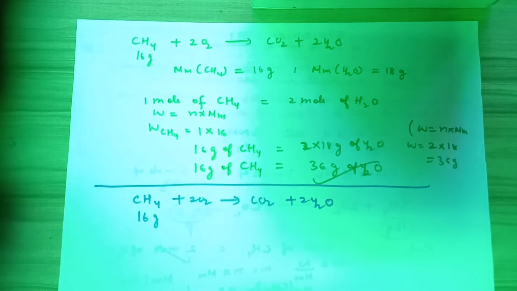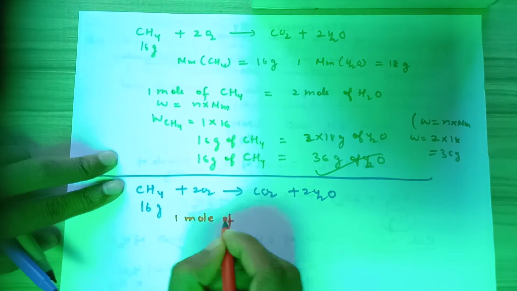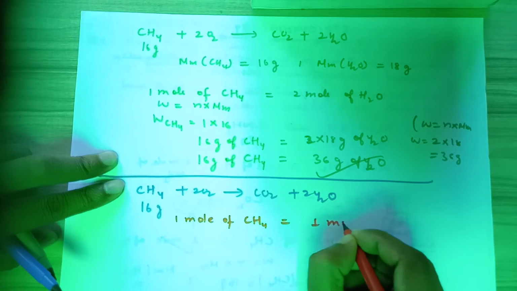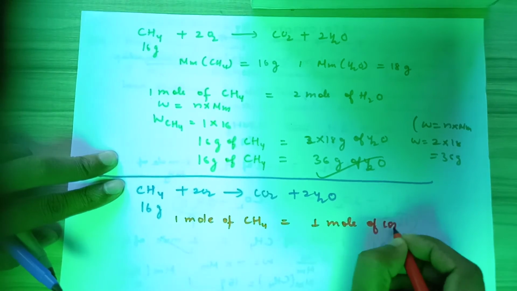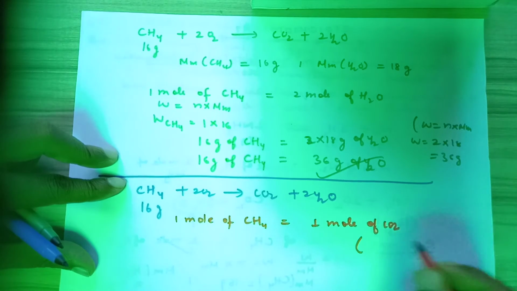Now the simple case is just to interpret the information. So the simple idea is 1 mole of CH4 will give us 1 mole of CO2. Just convert into grams, that is amount of substance.